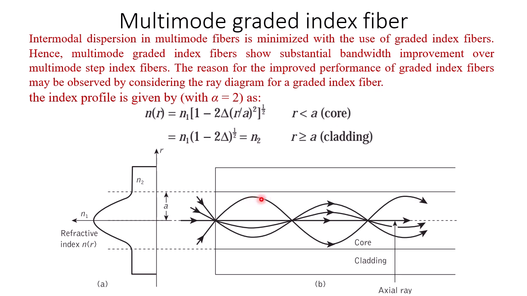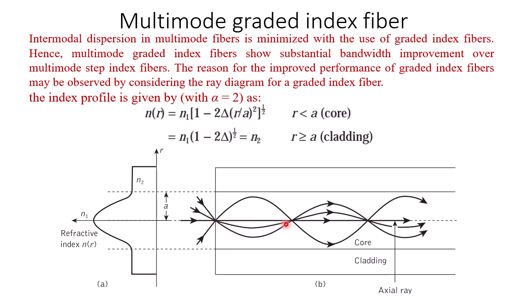But during this journey again, at every point the wave will pass from a rarer to a denser medium, so it will move towards the normal direction. Ultimately it will come to this point. The same thing happens to the other modes.